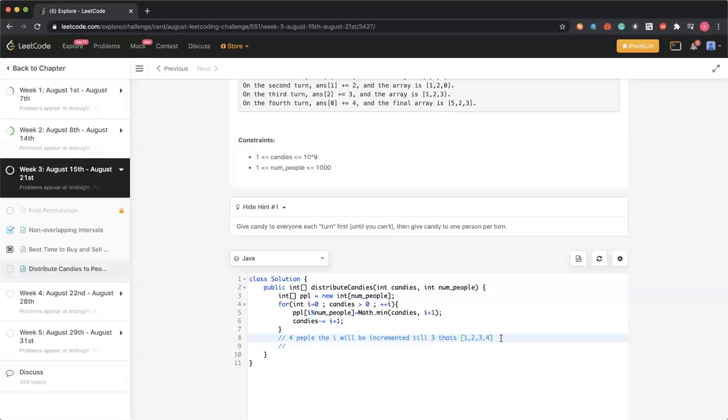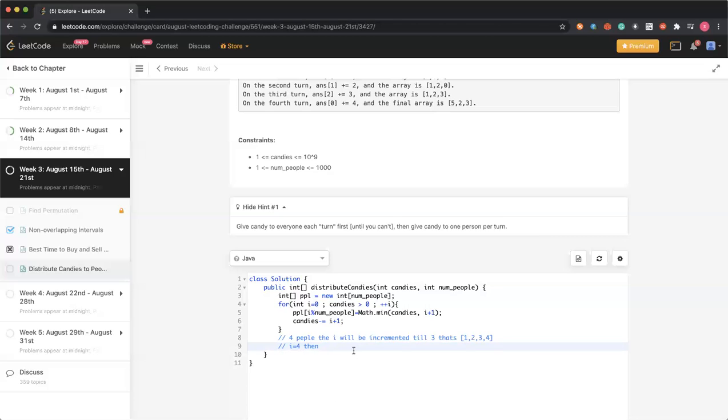The next i will be 5, and the first person should get 5. Now at the fifth iteration, i equal to 5, we take i modulo num of people, which gives the index of this position. With 4 people, when i equals 4, the fourth index is out of bound, so we get this index using i modulo 4.